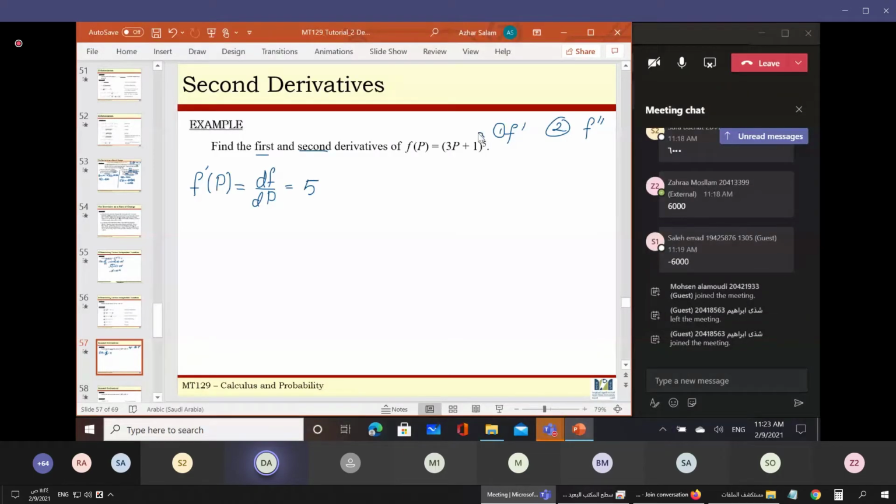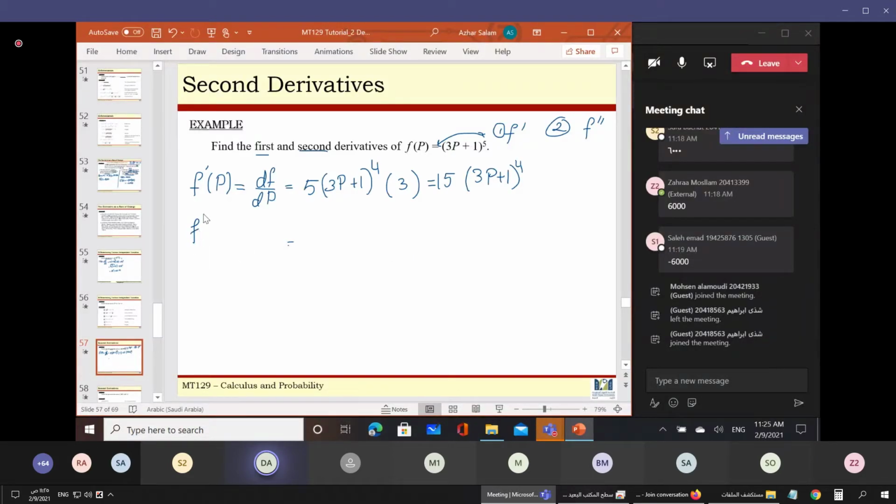I take this power down, multiplied by 3p plus 1, all to the power 4, multiplied by the differentiation of what is inside the brackets, which is 3. This is equal to 5 multiplied by 3 is 15, times 3p plus 1 all to the power 4.